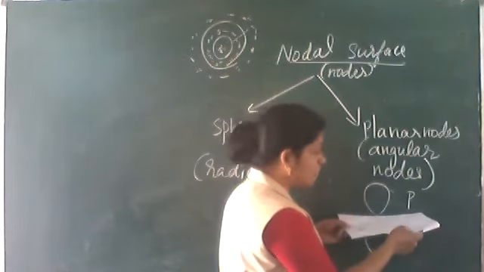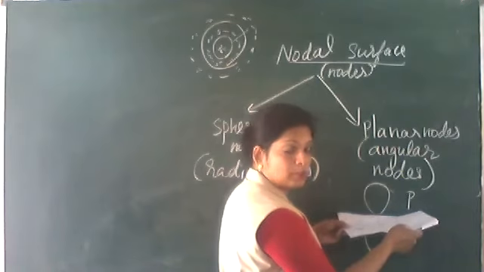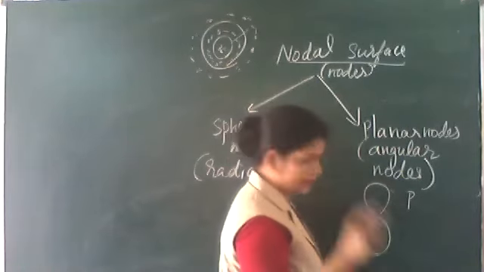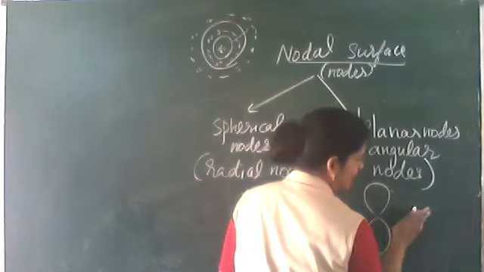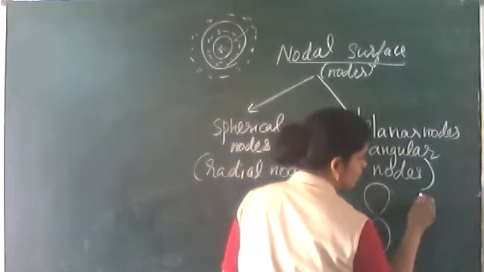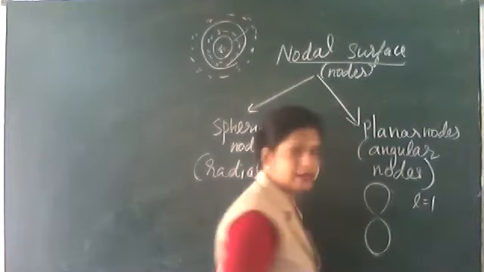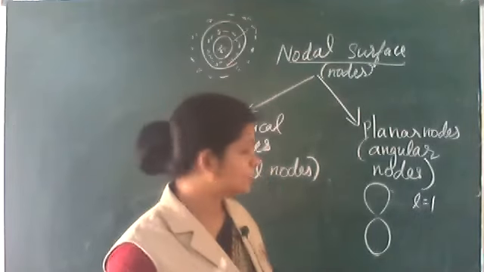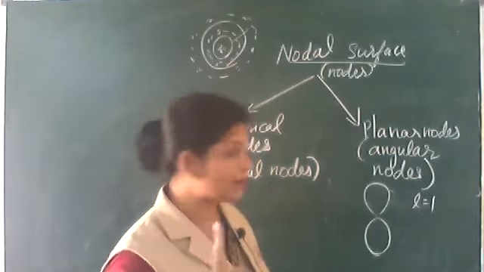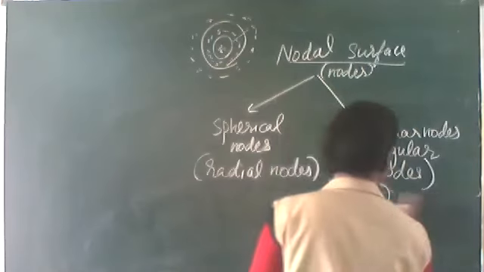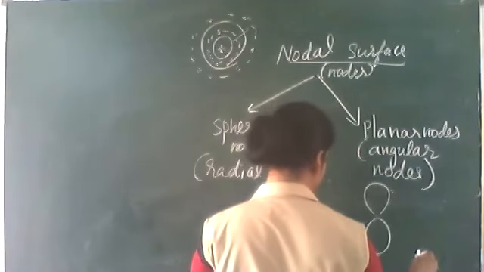How many nodal planes are there? That is 1, its l value. The l value of p is 1, so a p orbital has one planar node. What is that plane? You can show it like this.